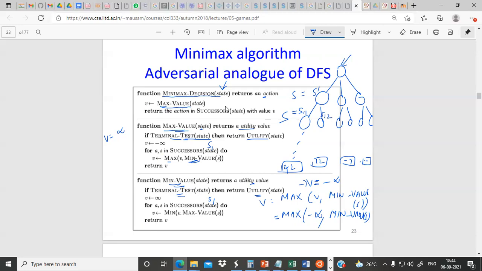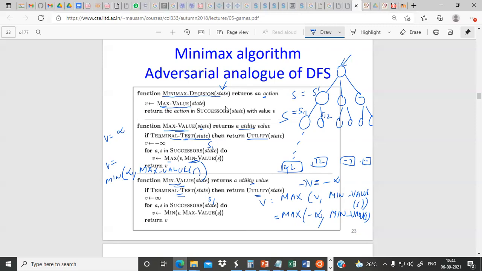Then what we do is v equal to min of v comma max value of s. What is v now? Infinity. So again this function calls that function, and that function calls this one. It is one function calling another.